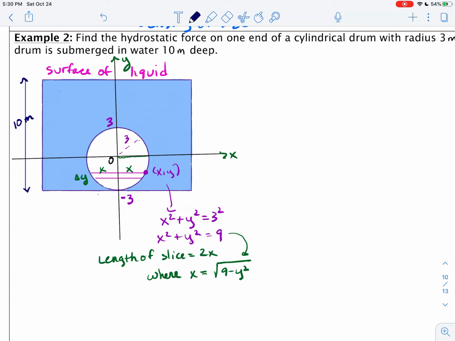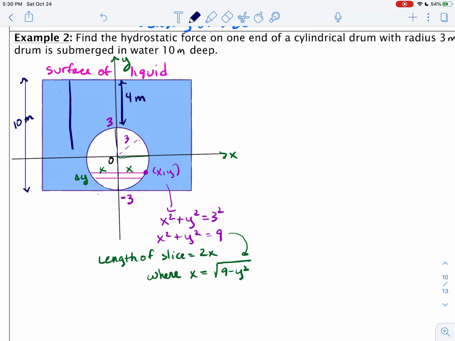From the very bottom of the circle, we've got 3 meters for the first radius, another 3 meters for the second radius, so that's 6. So this distance here is going to be 4 meters.